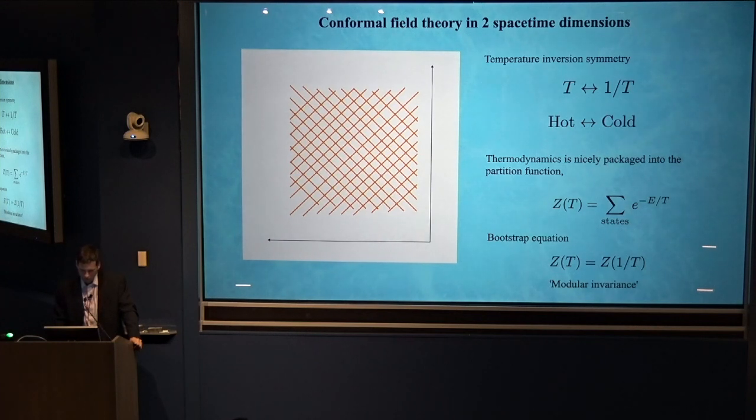But otherwise, you can just think of this hot-cold symmetry. The partition function is just a way of packaging the physics into a nice, convenient function. And what this hot-cold inversion symmetry tells you is that the function Z(T) is equal to Z(1/T). This is known as the Bootstrap equation, and it's what we're going to use soon.